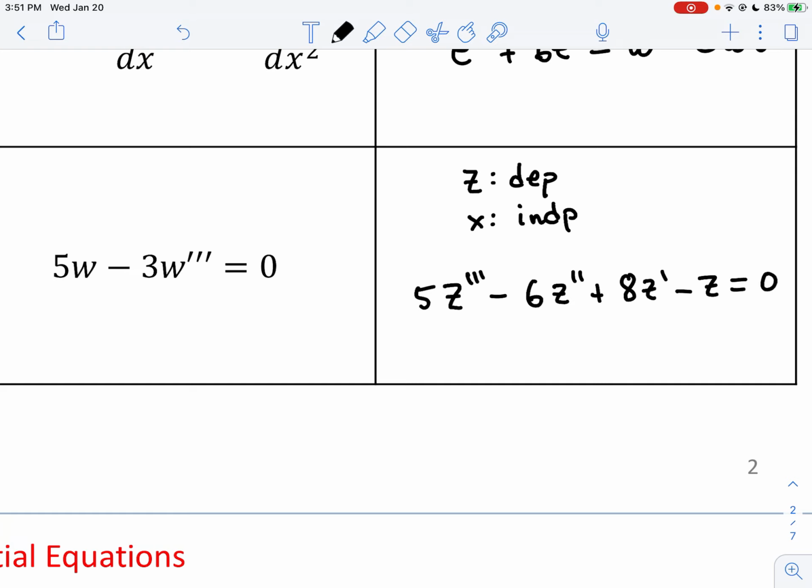And here I've created a differential equation that has no x's involved, which is fine. X is the independent variable. It has only z's and its derivatives, and the highest derivative present is the third derivative of z, z triple prime.